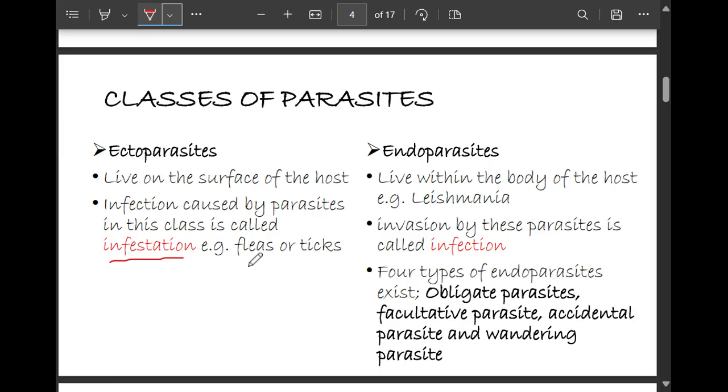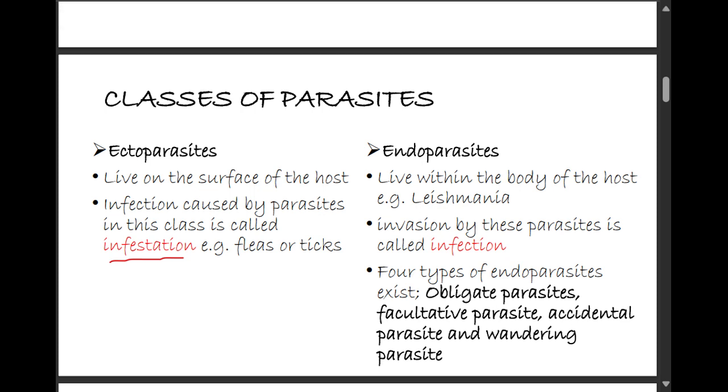For example, fleas or ticks. Then the other class of parasites are what we call the endoparasites. Endoparasites are just the opposite of ectoparasites. These ones live within the body of the host. For example, we have Leishmania. This one is an endoparasite.